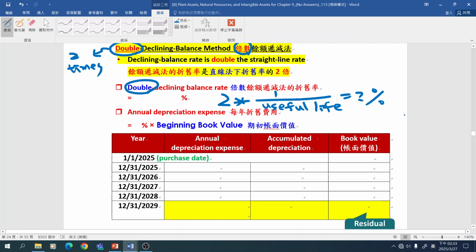Then you can get how many percentage? 1 divided by useful life. So in this case, how many years? 5 years, right? So could you get the constant depreciation rate, 固定折旧率, how many percentage?